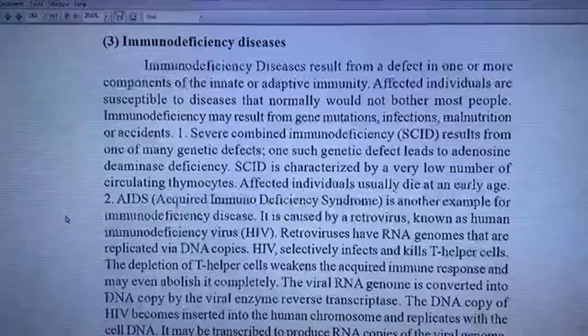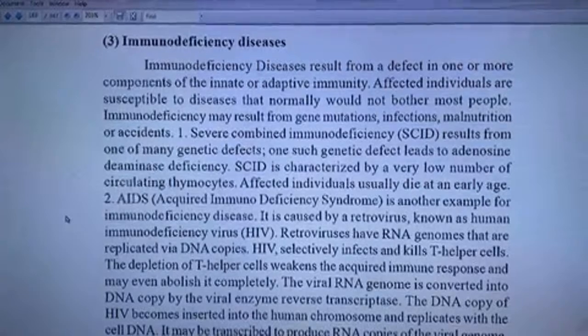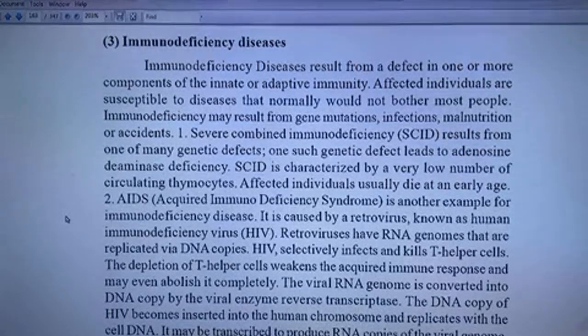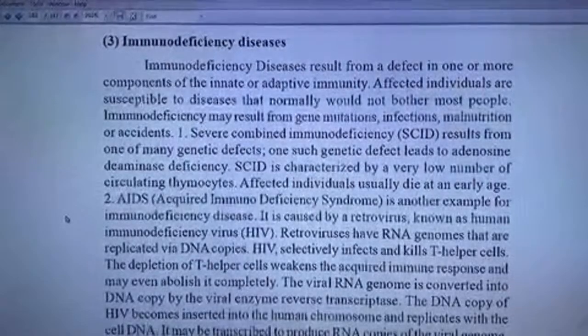Severe combined immunodeficiency, SCID, results from one of many genetic defects. One such genetic defect leads to adenosine deaminase deficiency. SCID is characterized by a very low number of circulating thymocytes. Affected individuals usually die at an early age.